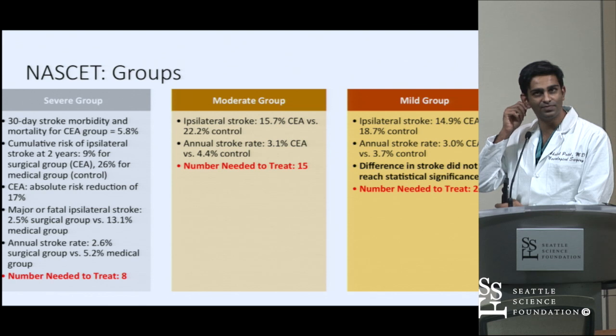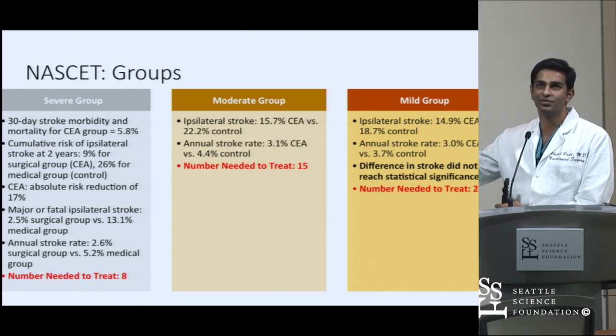And again, I try to give you a bit of a summary of each group, but really what I want you to take away from the slide, although there's a lot of data, is the number needed to treat for each of the groups. So for the mild group with less than 50% stenosis, 26 people needed to be treated to get a benefit for one patient. The moderate group, greater than 50% but up to almost 70% stenosis, you need 15 patients, similar to the asymptomatic patients in previous trials.